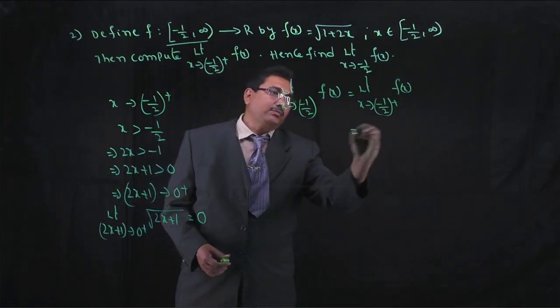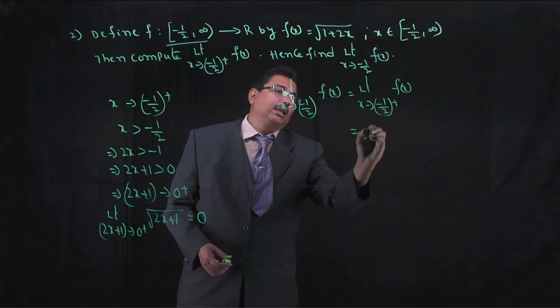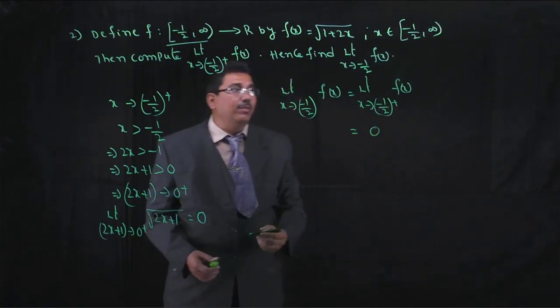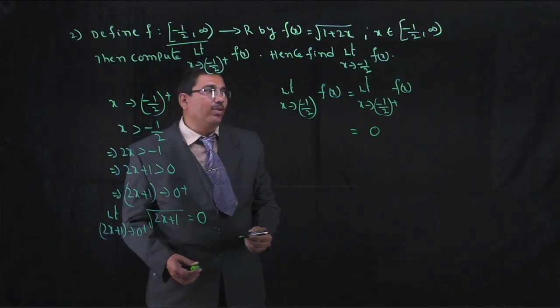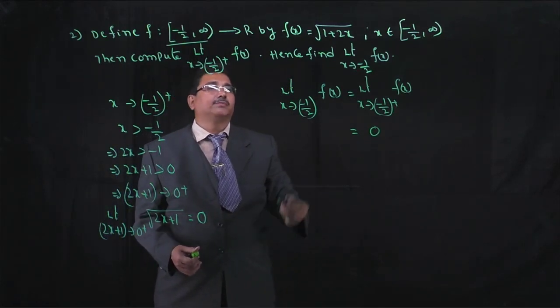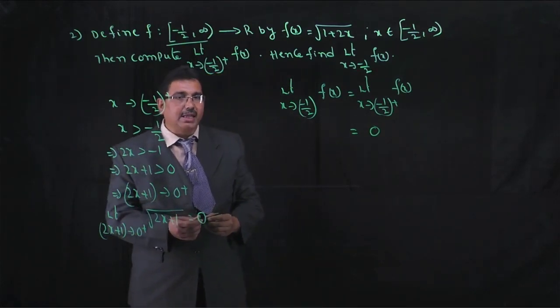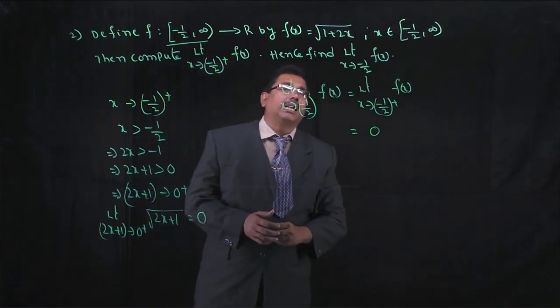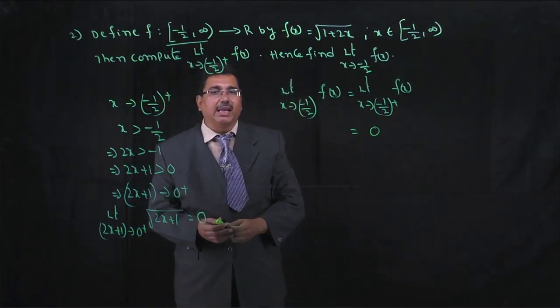So the limit is equal to 0. This is the limit value at x is equal to minus 1 by 2.